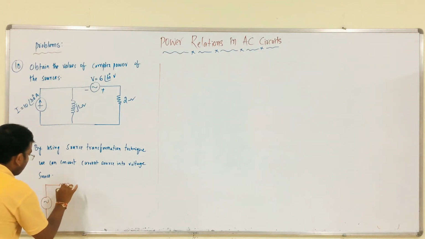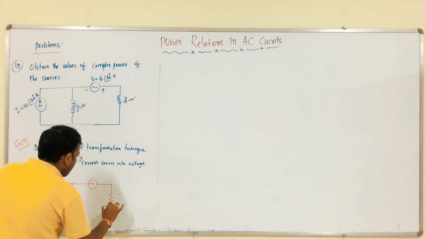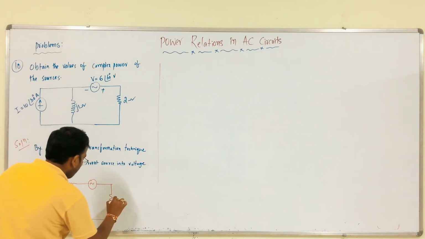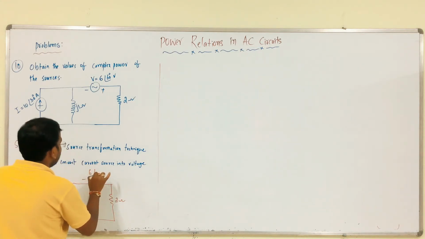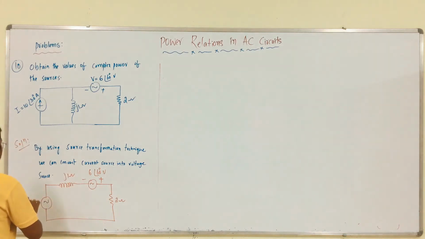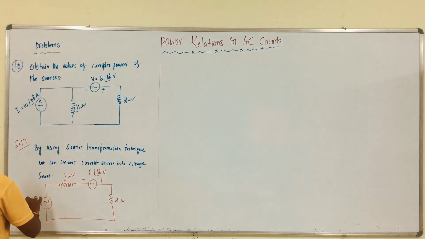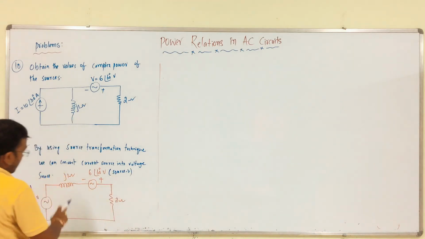Like that we have a series combination of impedance. Again we have a voltage source, a series combination of, this is a 2 ohm branch, this is minus plus, this is 6 at an angle 60, this is a j1 ohm branch, and this is 10 at an angle 30 degrees volts. For example, this is source 1, this is source 2.